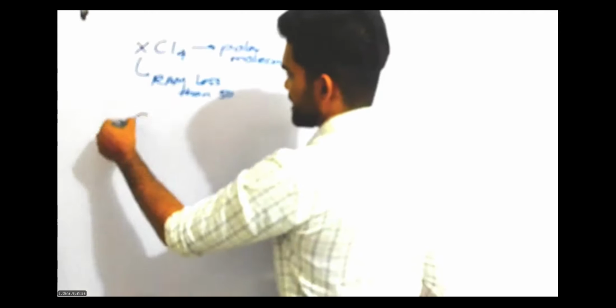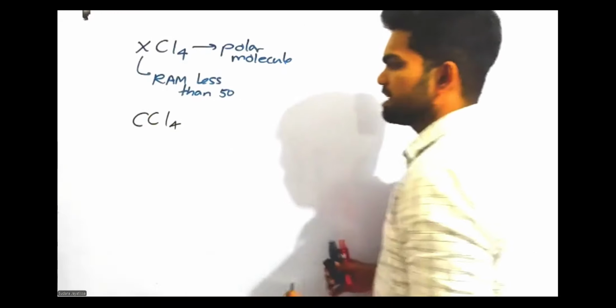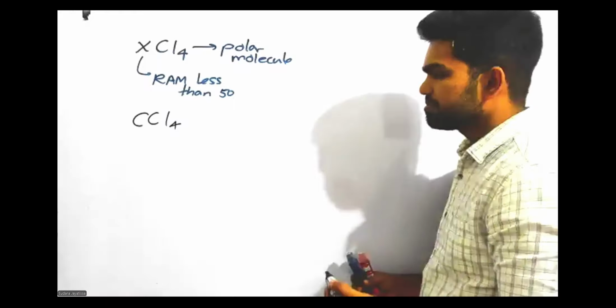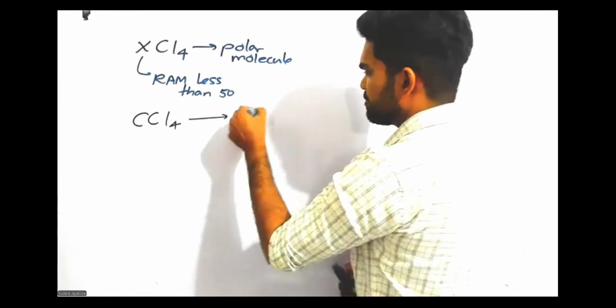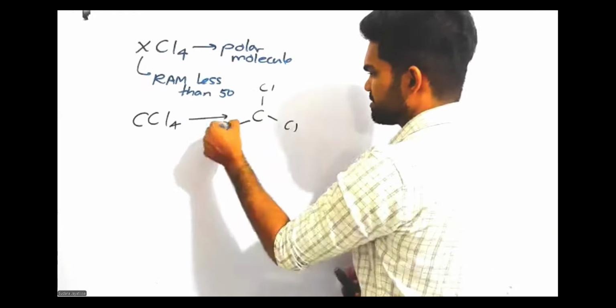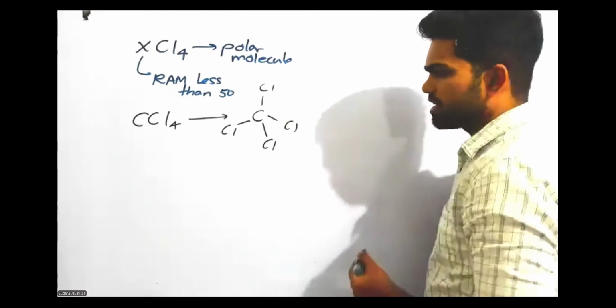We can recall CCl4, where carbon is the central atom. If it is CCl4, this will be the structure and it is a tetrahedral molecule.